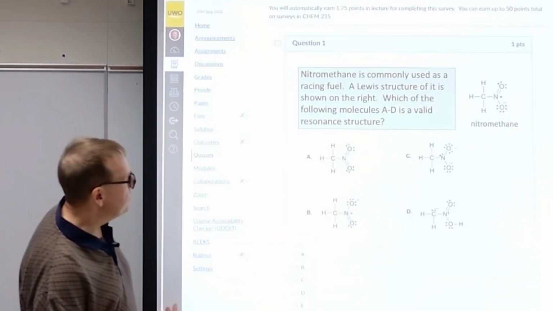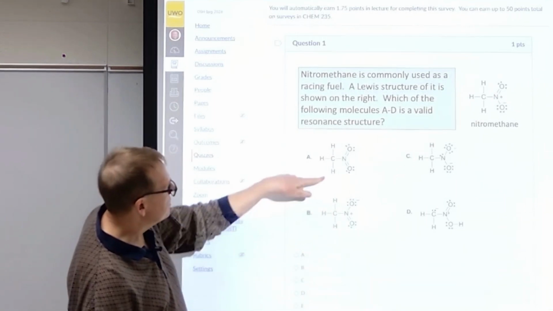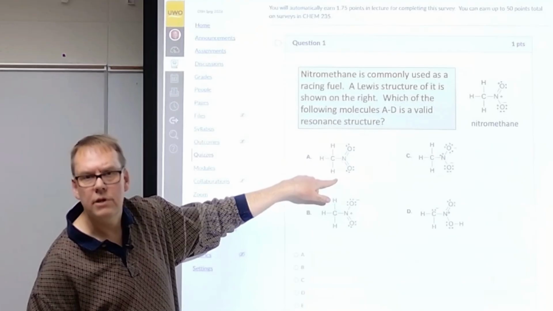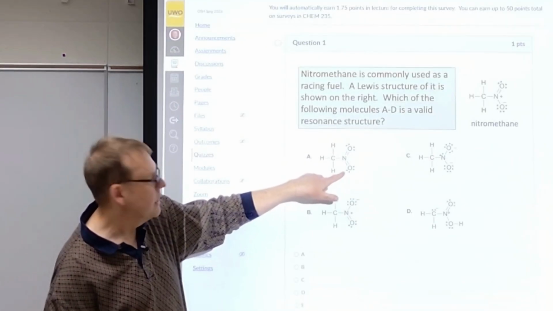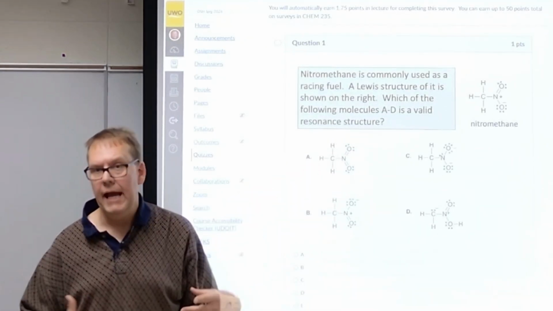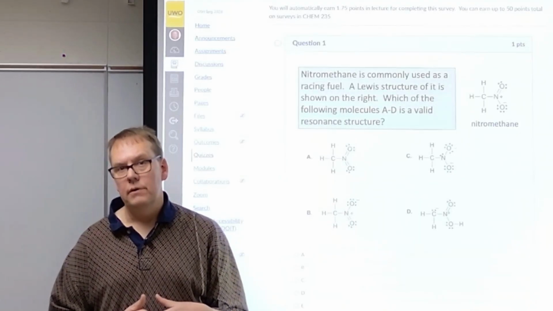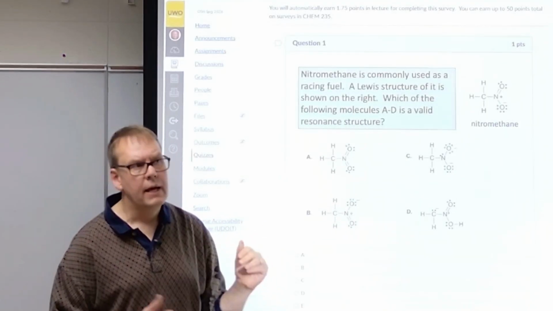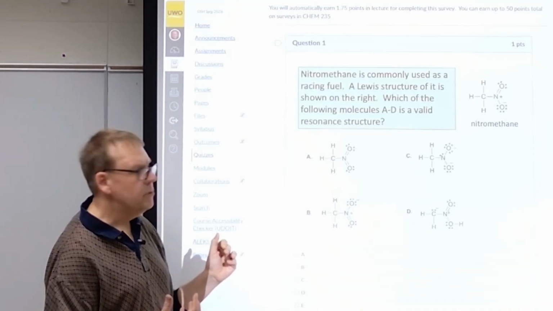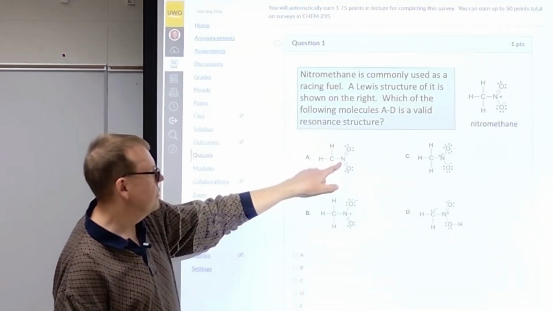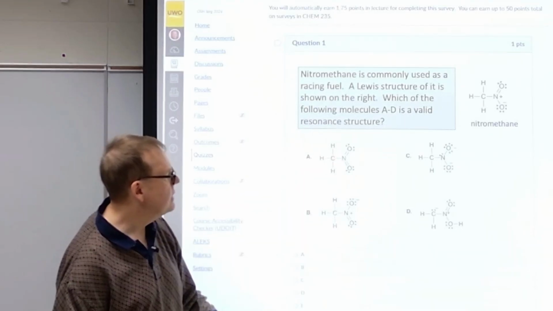And all of the others have something wrong with them. Structure A might look good initially because the electrons are shared really evenly, but it violates the octet rule on nitrogen in a way that can't happen. Nitrogen, since it's a small element in row 2, really isn't able to form more than 4 bonds. So this is an error in drawing nitrogen. Five bonds to nitrogen is incorrect.